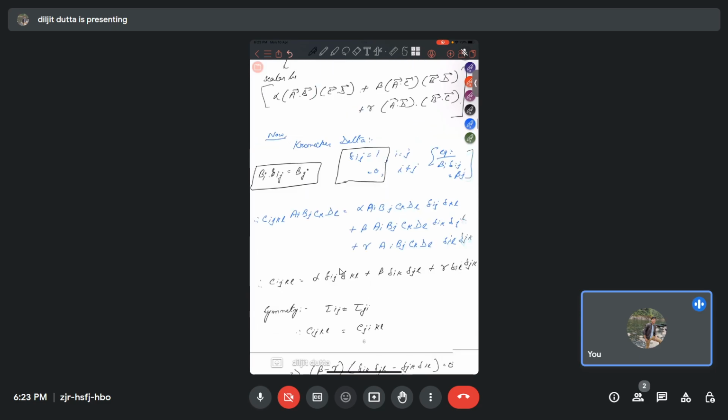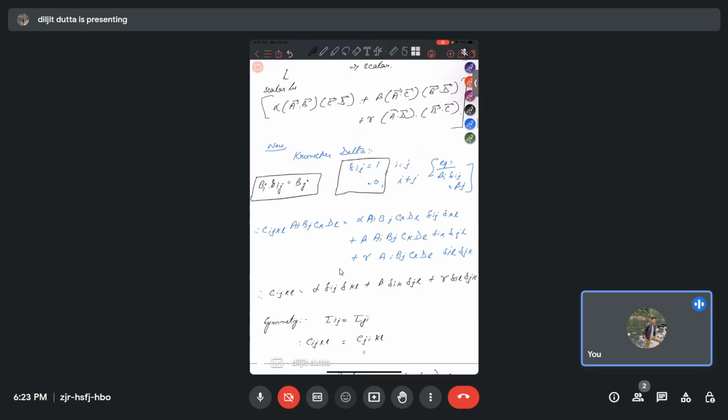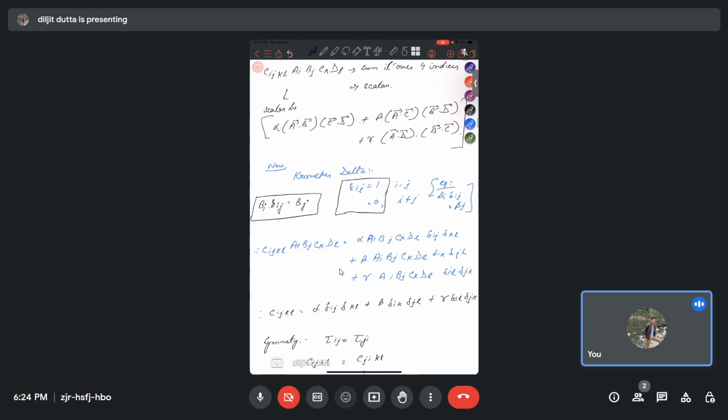So we have assumed that C_ijkl times a_i b_j c_k d_l can be written in terms of this. What we will do is write these terms with Kronecker deltas. So we get alpha into a_i b_j c_k d_l into delta ij into delta kl. How do we get that? A dot b is a_i b_j into delta ij.